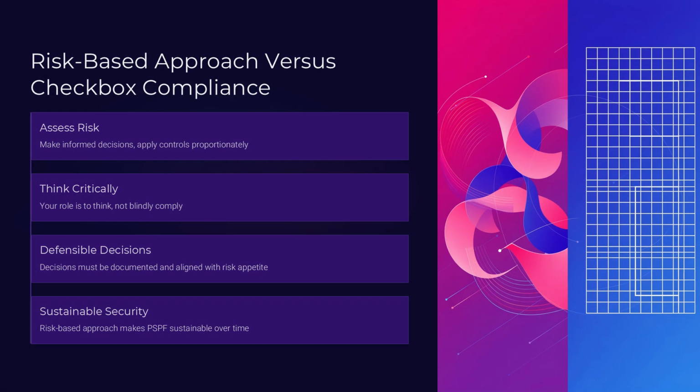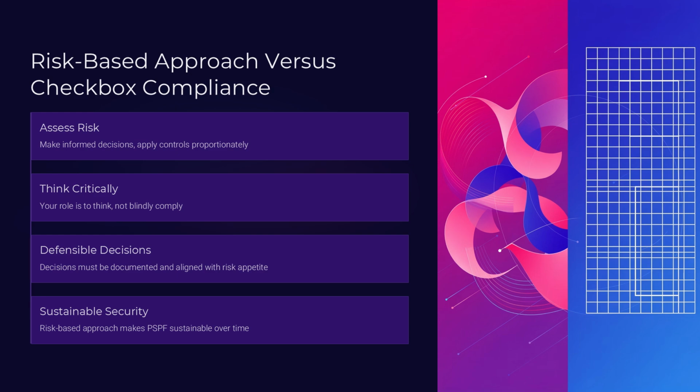A common mistake is treating PSPF as a checklist. This is exactly what it is designed to avoid. PSPF expects you to assess risk, make informed decisions, and apply controls proportionately. Two organizations may meet the same PSPF outcome using different approaches, and that is acceptable if the risk has been properly assessed.